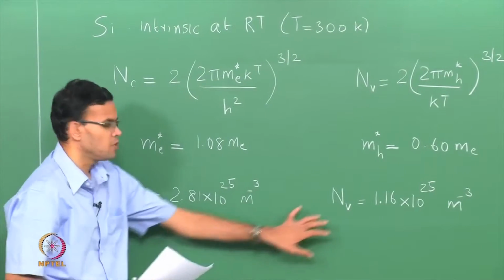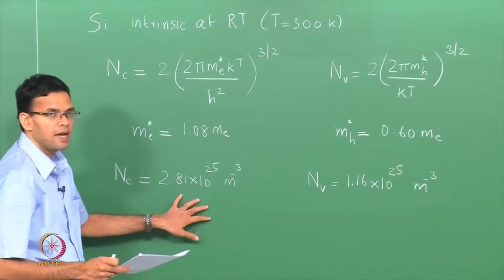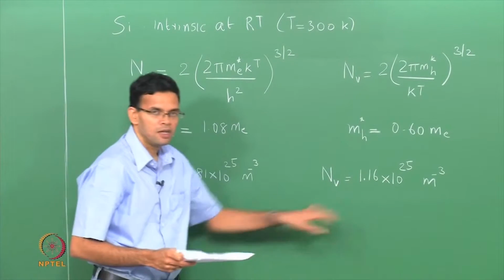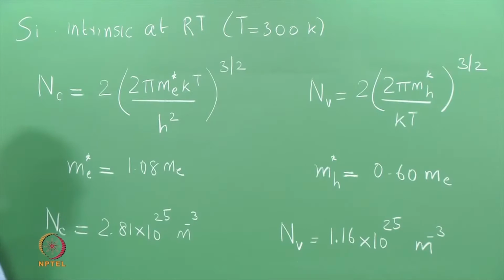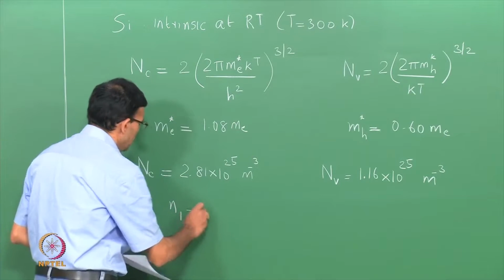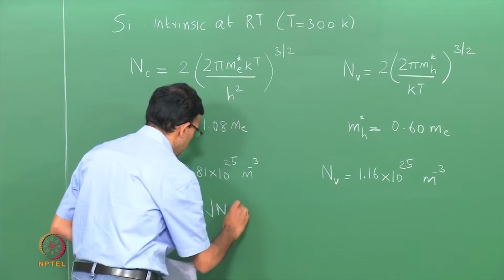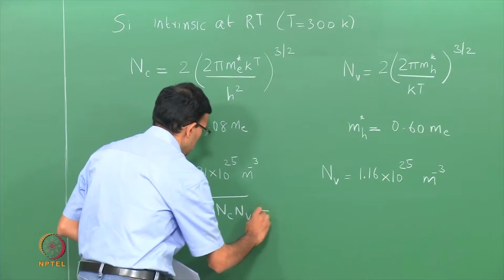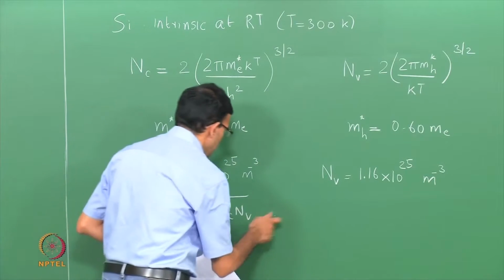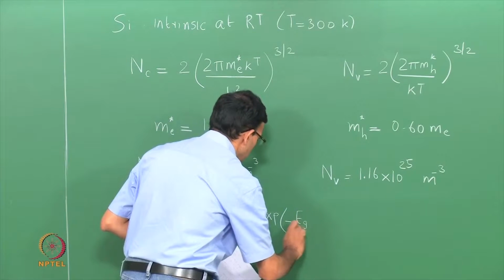So, these two represent the effective density of states at the conduction band edge and the valence band edge. Last class we saw that most of the electrons and holes are concentrated near the valence band edge and the conduction band edge. So, we can go ahead and calculate the intrinsic carrier concentration, square root of Nc Nv times exponential minus Eg over 2kT.